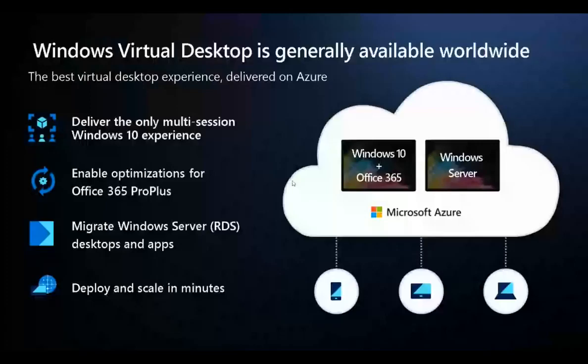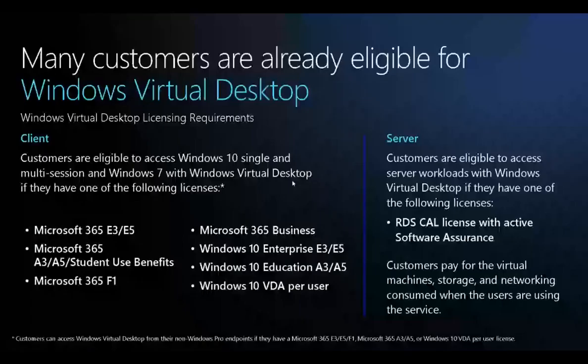So you need not procure separate licensing for WVD in case you have any of these that you can see on your screen. Even if you have your on-premise RDS licenses, it is something which can be used as a software assurance in Azure to satisfy the license need of WVD. So Windows Virtual Desktop is another stable end user solution, apart from the typical IT enterprise services that the cloud provider gives you, which is available in Azure.